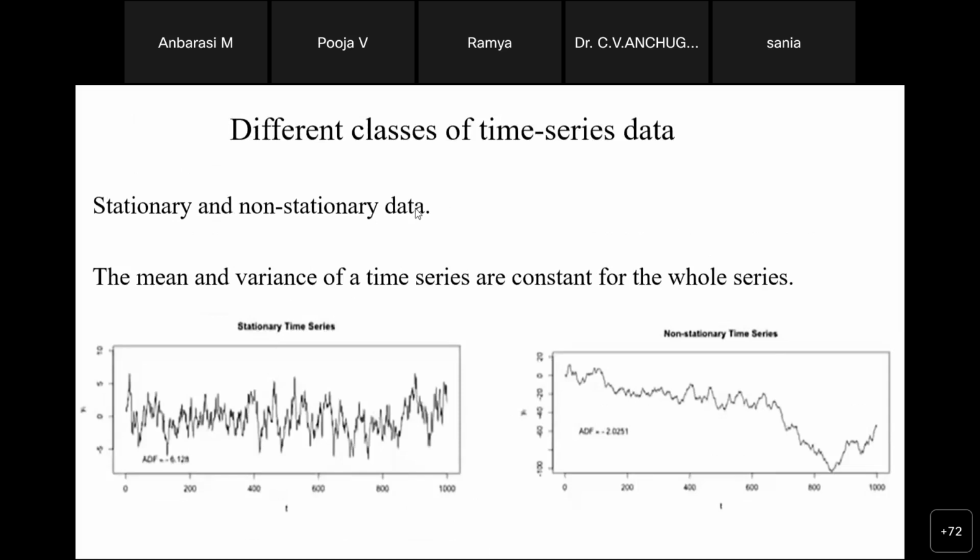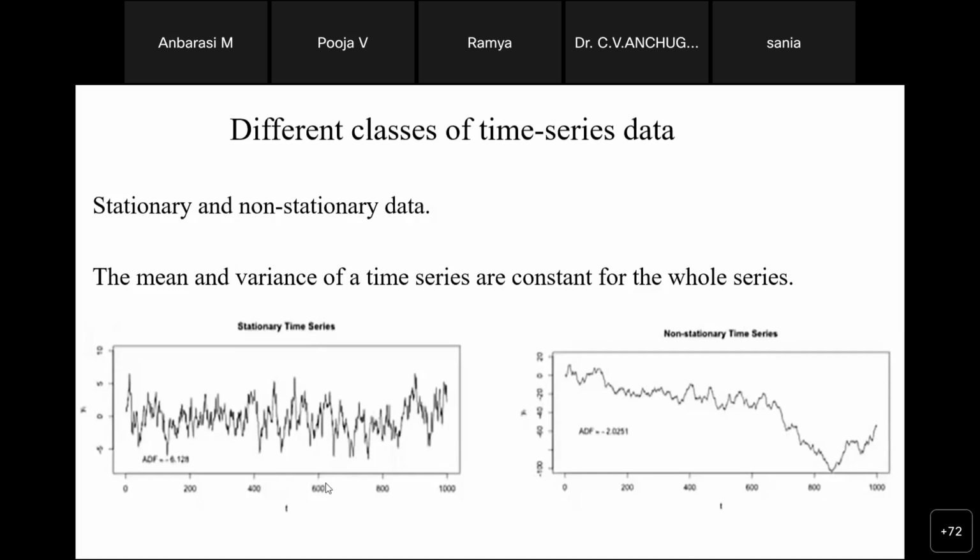There are 2 different classes of time series data. One is stationary data, another one is non-stationary data. Stationary data means the data do not change over time. In other words, the data does not show any trend, seasonality, or even pattern.